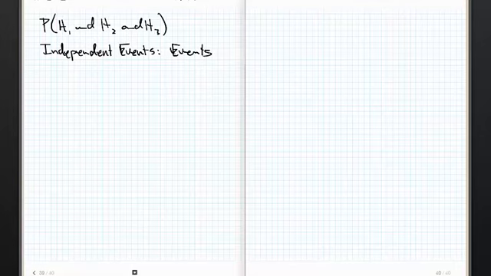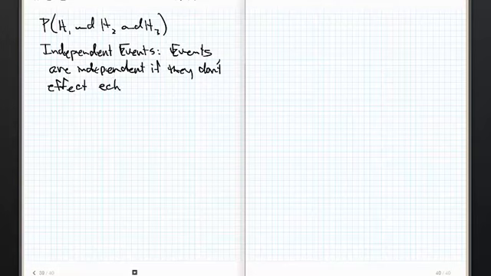Events are independent if they don't affect each other's probability. All right. In other words, if I flip a head on the first coin, will that have anything to do with the probability of me flipping a head on the second coin?